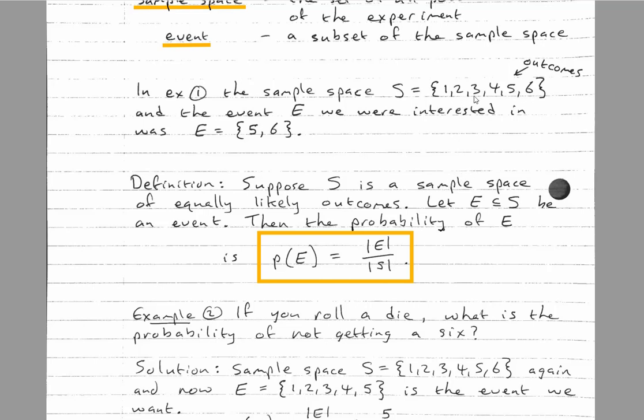Each of these 6 numbers is equally likely to show up when you roll the die. Let E be a subset of S. That's the event. Then the probability of that event happening, we have this notation, P(E), is equal to the cardinality of E divided by the cardinality of S.